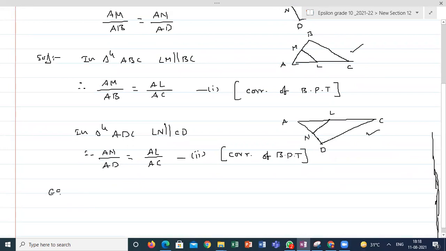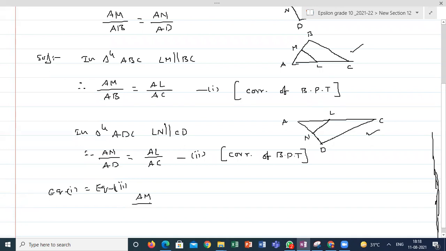If I'm taking equation 1 equal to equation 2, because equation 1 and equation 2 represent AL by AC, and AL by AC, because AL, AC is the common side of both the triangles. So from equation 1 and 2, I can say AL by AC is there in both the equations.